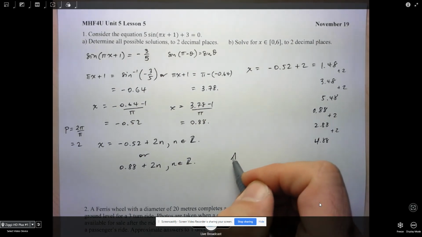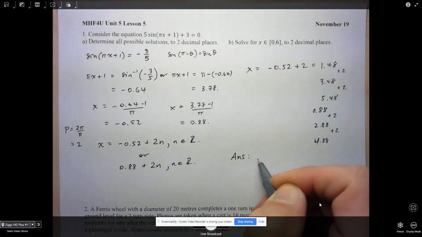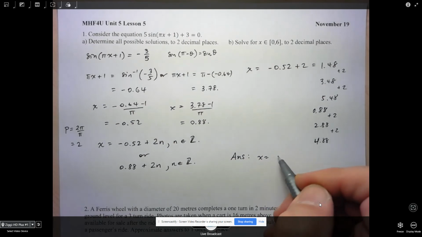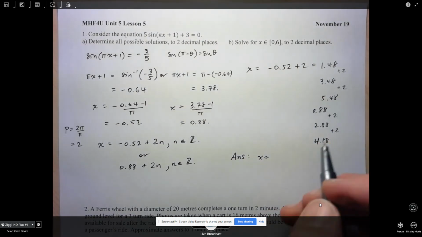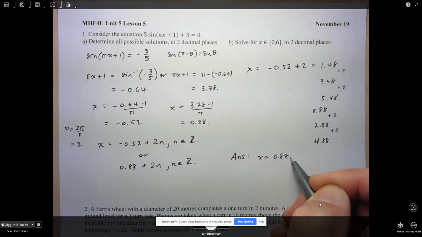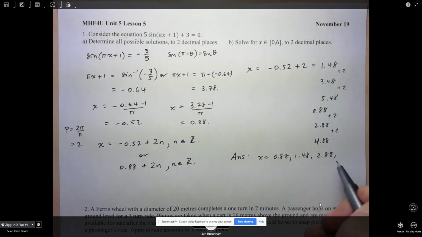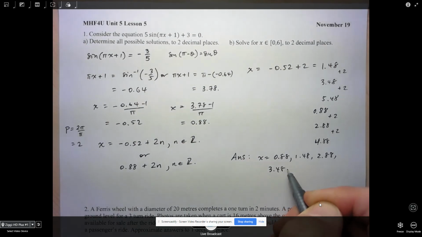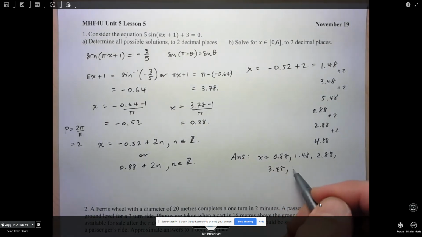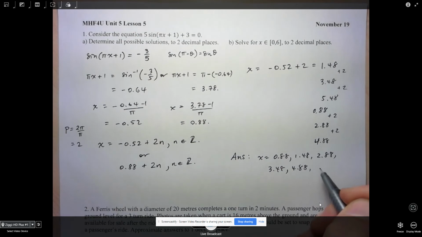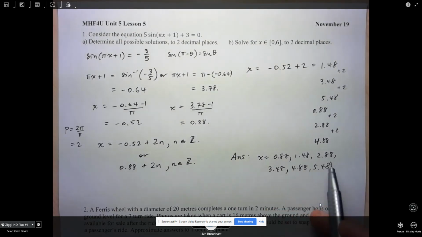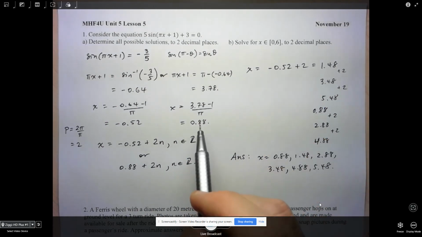So my answers here are that x can equal, let's put them in order: 0.88, then 1.48, 2.88, 3.48, then 4.88 and 5.48. So in the end, there are 6 solutions within this range of values.